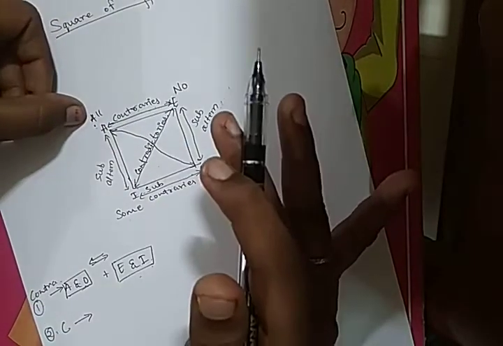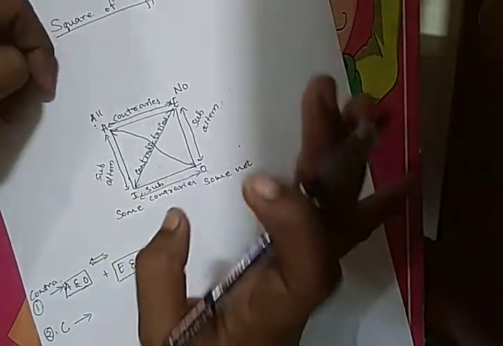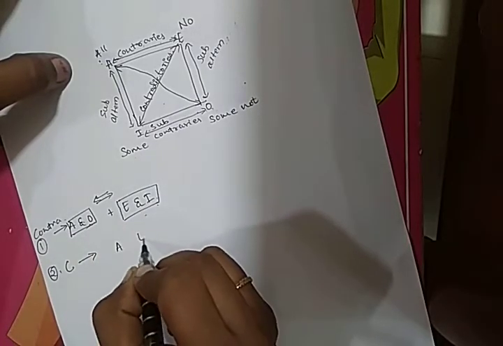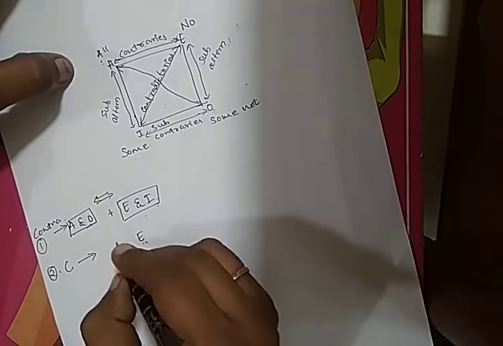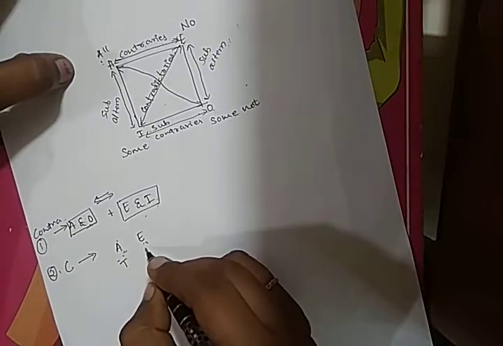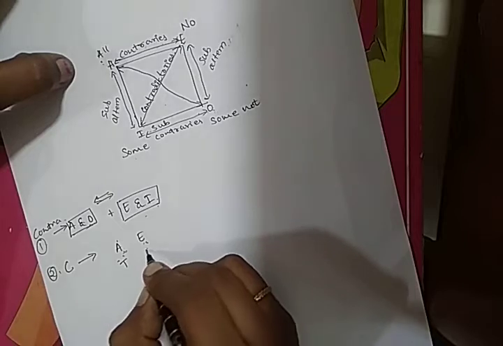Now comes the contraries. What is there in contraries is that both of these pairs cannot be true together, but they can be false together. Like A and E. If these are two statements, and A is true, then E can't be true.